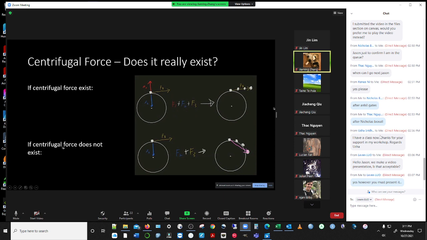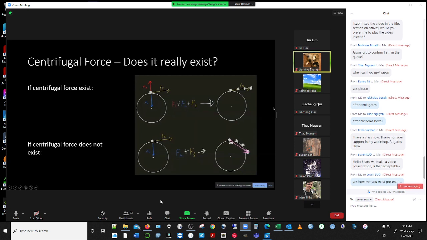But if we assume that centrifugal force does not exist, we have only the centripetal force, F2, and the force that drives this object to move, F3. By adding these two forces together, we have this pink force.